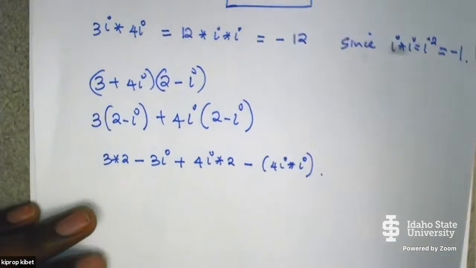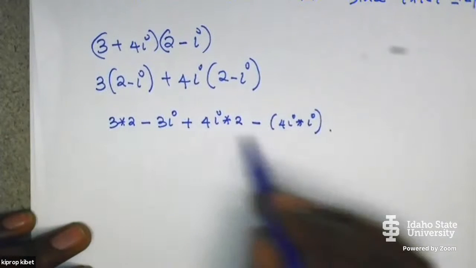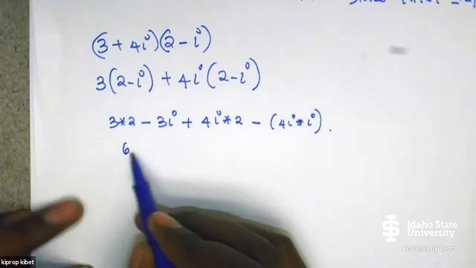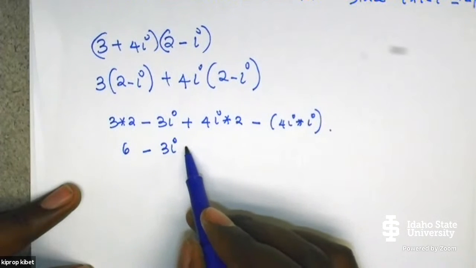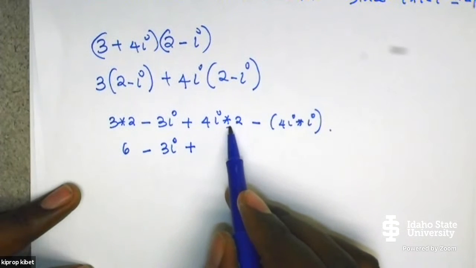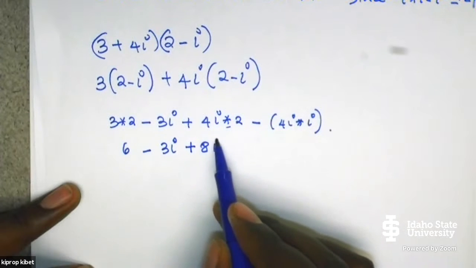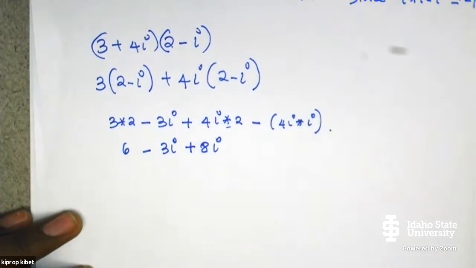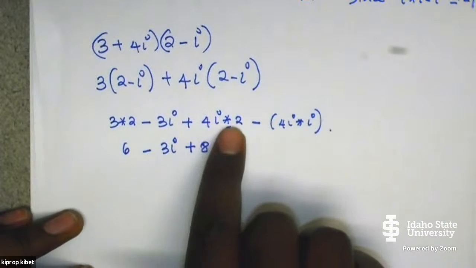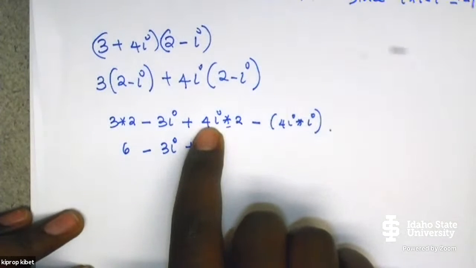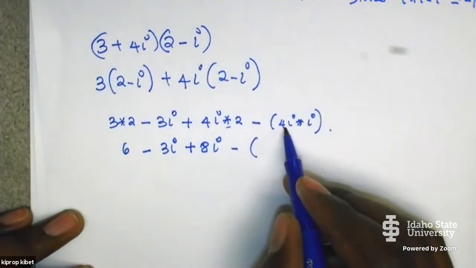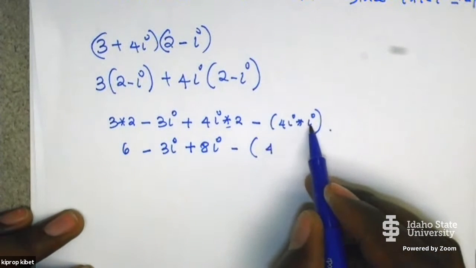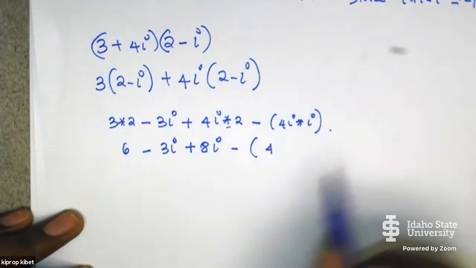When you simplify, you get 6 minus 3i plus, this will give us 8i. So 4 by 2 is 8i. Minus 4i by i is what? -1.